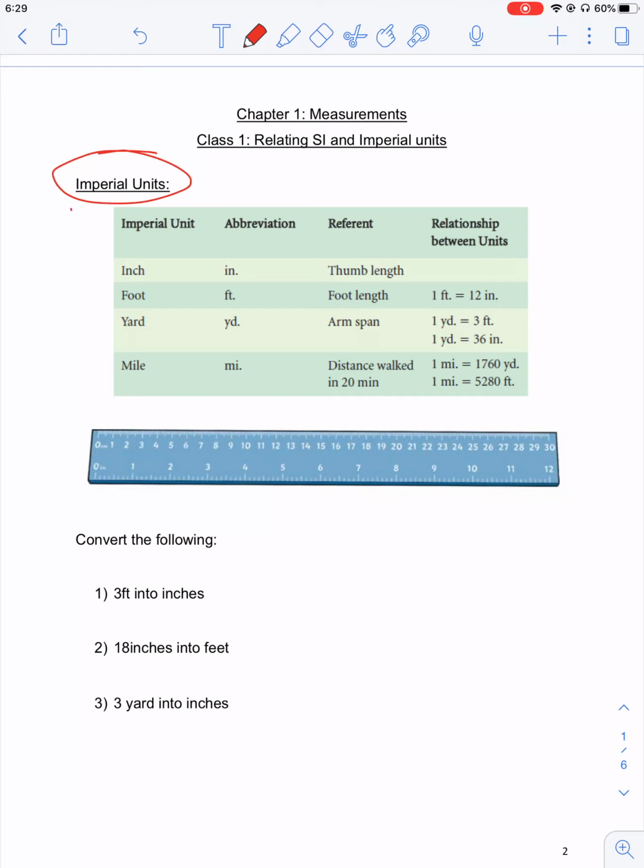Okay, so just to relate imperial units, I'm going to ask you to think about your ruler that you probably used a lot in elementary school, right? Remember, in your ruler, you had 30 centimeters, right? It was 30 centimeters long or 1 foot long. And on the other side, you had this 1, 2, and 3, 4, and all that stuff, right?